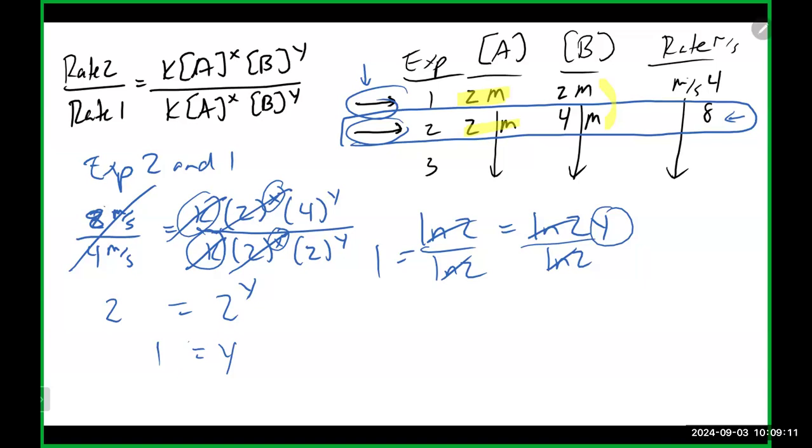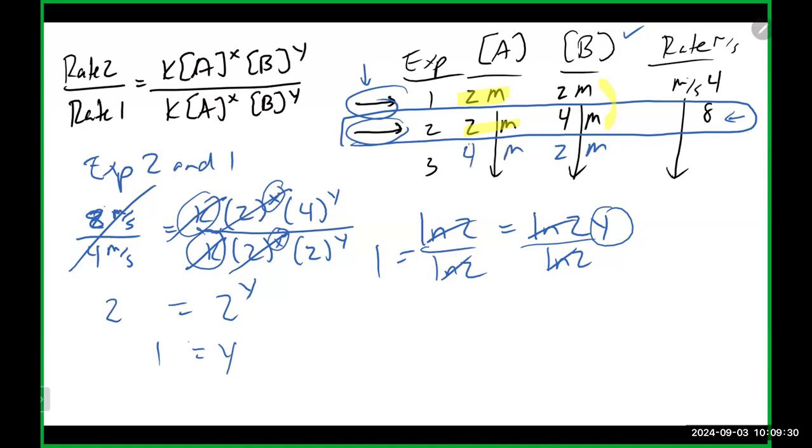Now, once you do that and you figure out the order, for example, with respect to B in this case, you then would go back to the table. I'll just make up some numbers here. We'll go with 4 molar here.